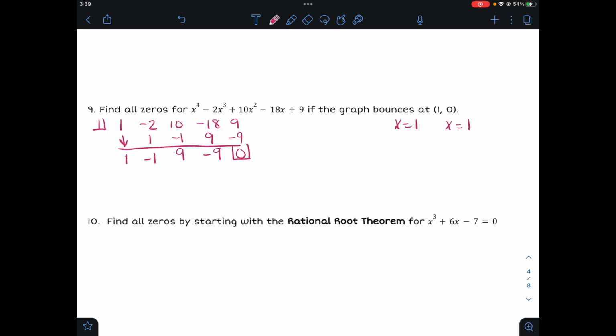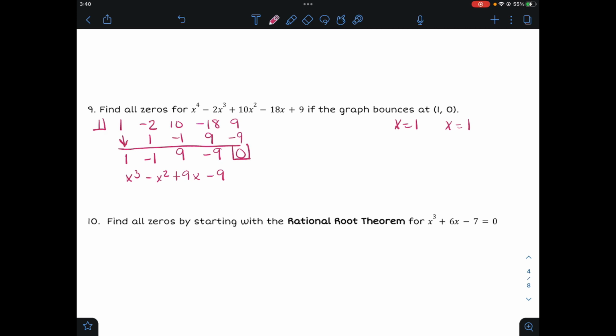All right, so now we have our new polynomial. We started at the fourth, so this would be the third: x to the third minus x squared plus 9x minus 9. Now, this is still to the third. We have 4 terms now. We could factor by grouping if we wanted, but that would be unnecessary extra work, but you could.